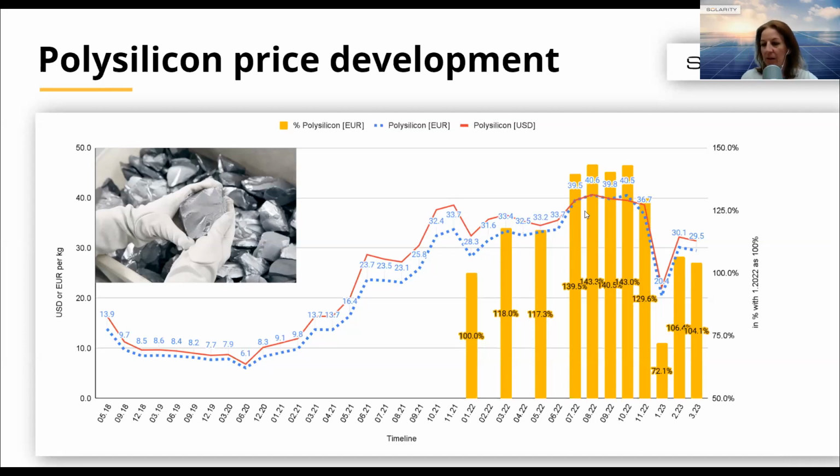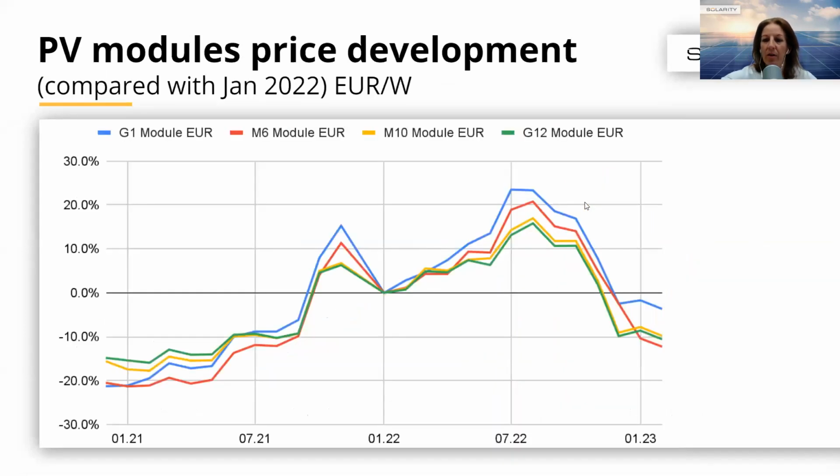Okay, we can move. Here, we are going to talk about the PV modules. I will describe what the different colors are. G1 modules are the smallest one, and the oldest one here. To get them on the market right now is almost impossible. The M6 modules are still available.